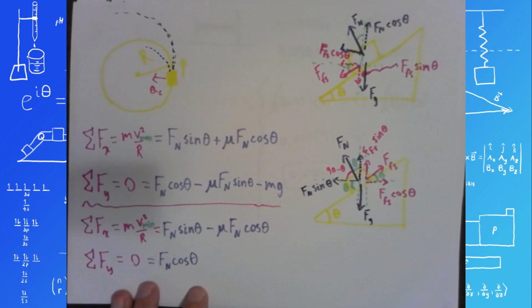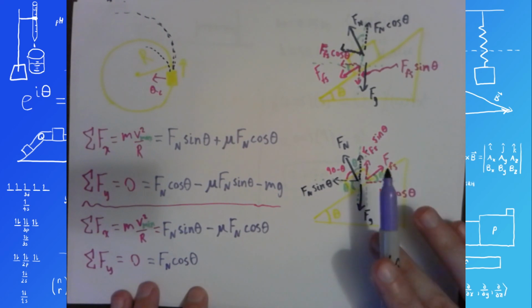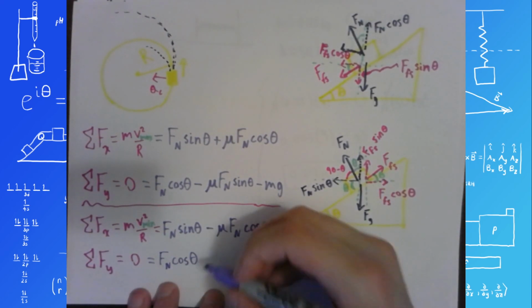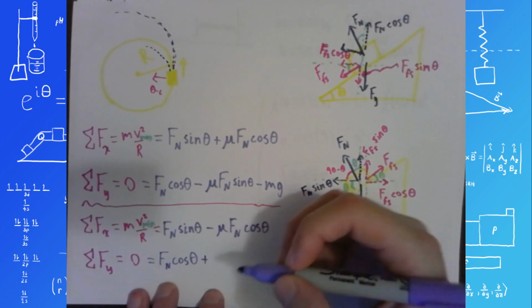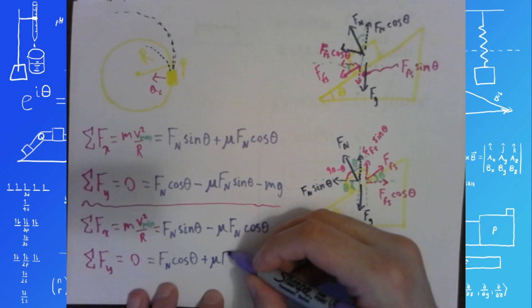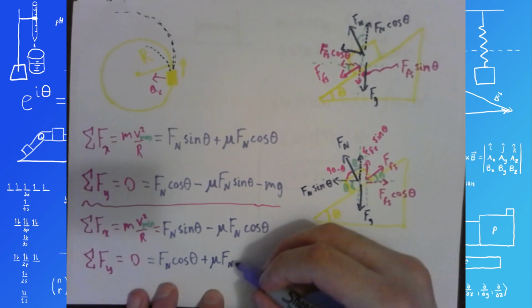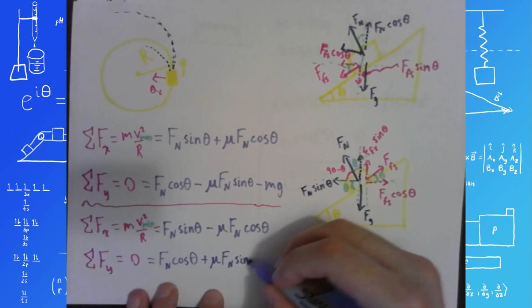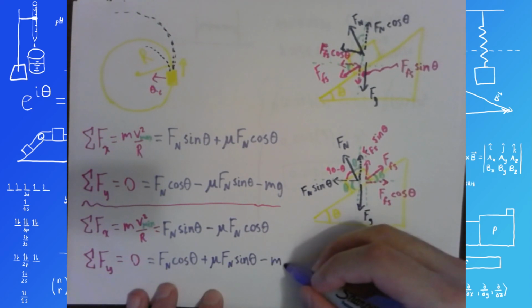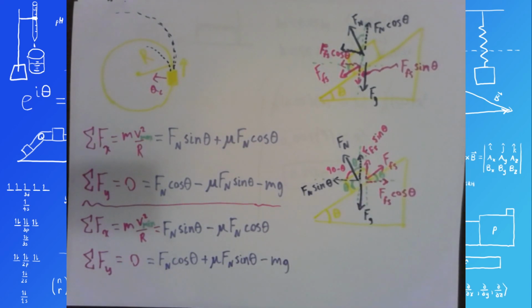We also have the static friction force sine of theta pointing upward. So that's plus coefficient of friction, normal force, and sine of theta, and then minus mg. Mg is still down.